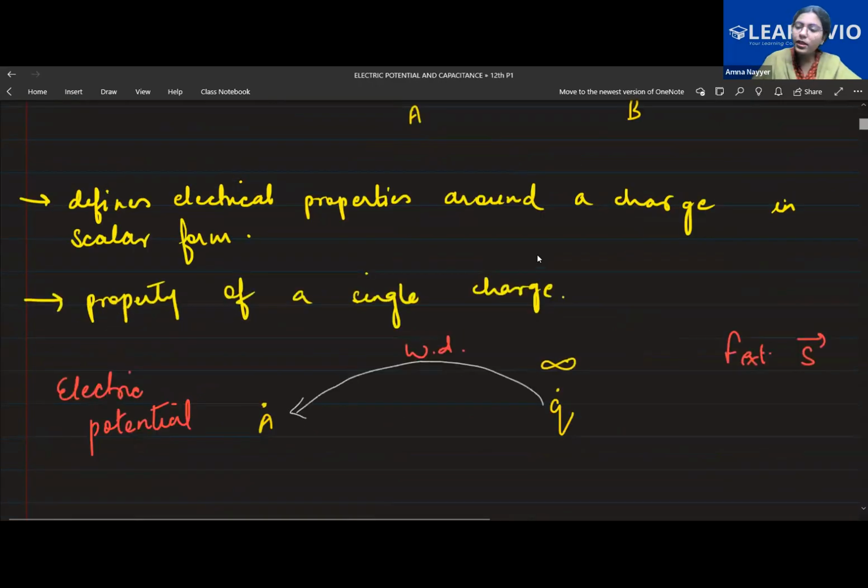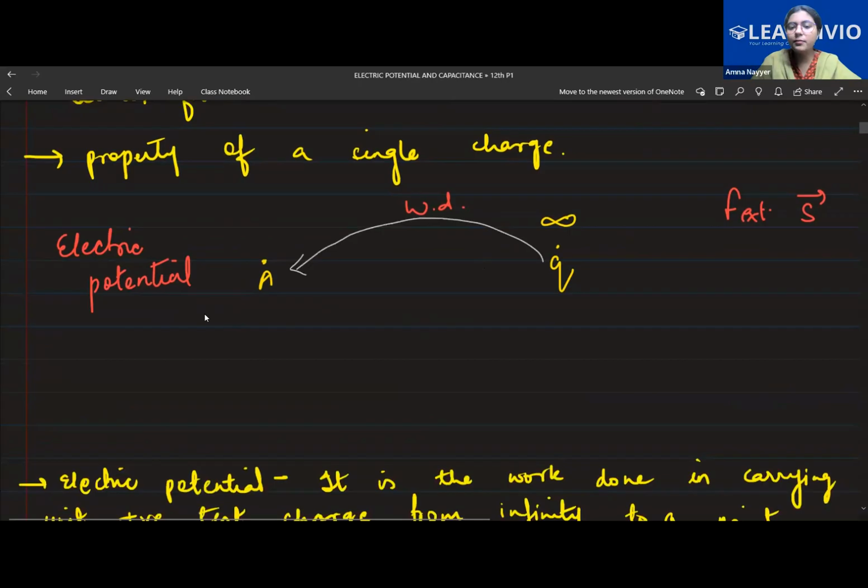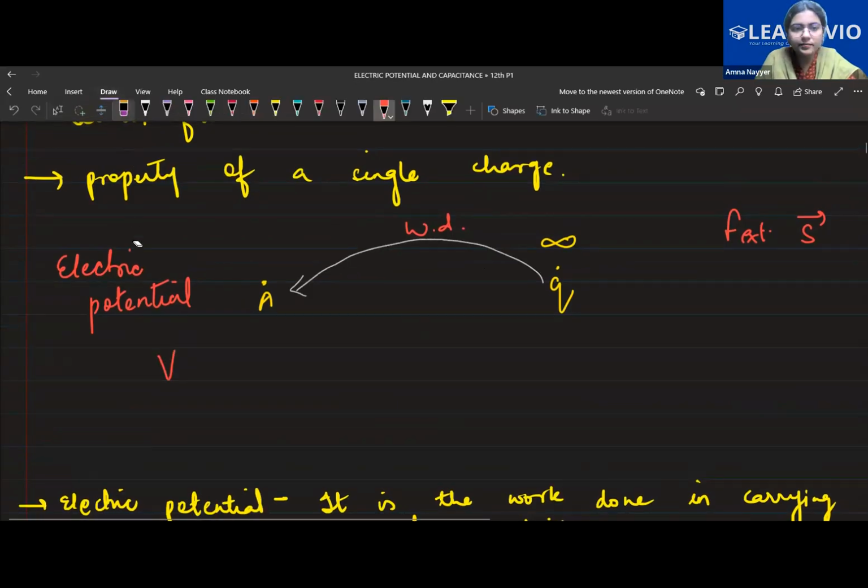And it's also a property of a single charge, like your electric field. If one charge is present, there will be an existing electric potential around it, right? So this is a property of a single charge. Now, let's look at electric potential.